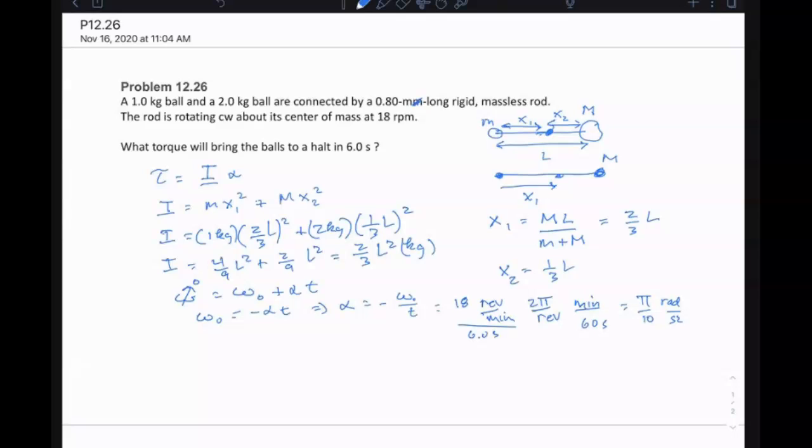So I'll let you finish the problem. The torque is given by I, which we said is 2/3 L squared, times pi over 10 radians per second squared, where L is in meters, and there's also kilograms in the units.